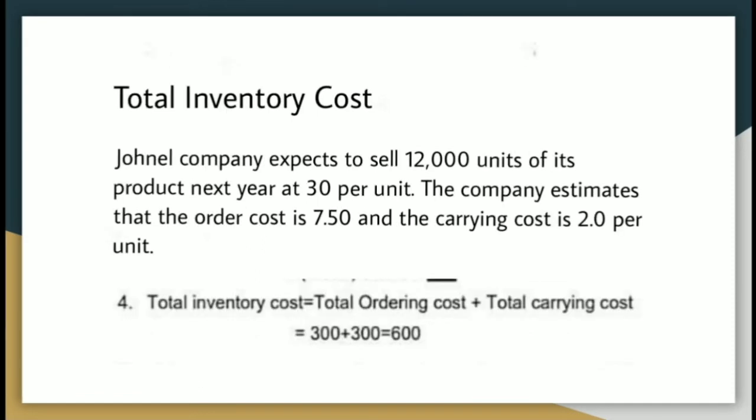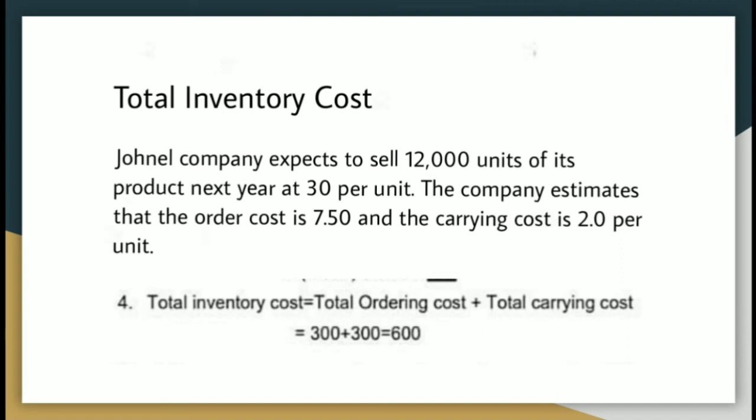Okay, fourth requirement, total inventory cost. Total inventory cost equals total ordering cost plus total carrying cost. We have computed our ordering cost and our carrying cost. What is our ordering cost? That is 300.